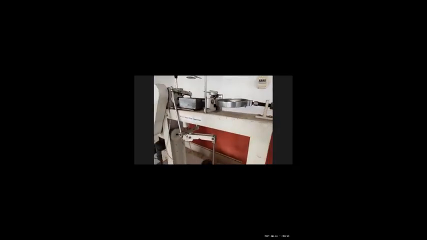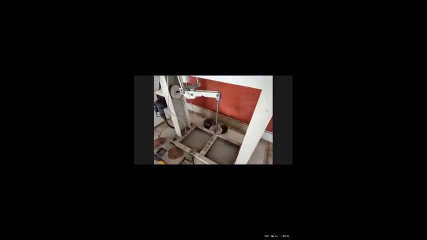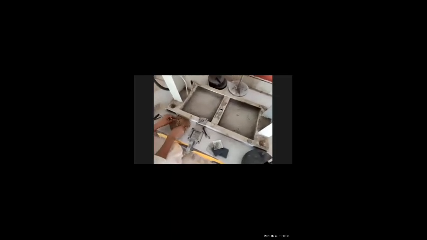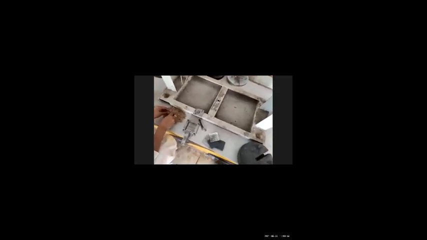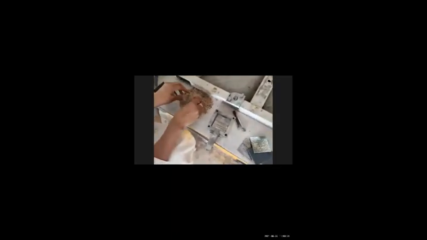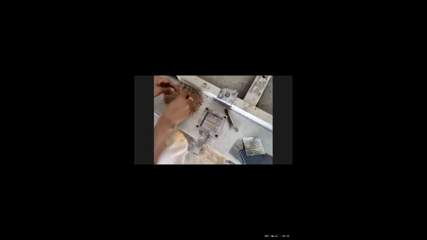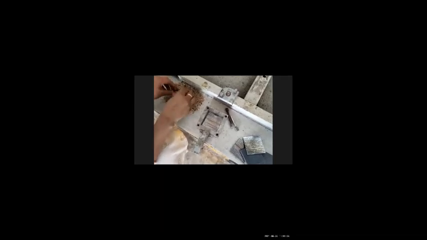So, how do we start the test? First of all, we have to weigh this soil sample. We can use cohesionless, that is sandy soil, and also we can use cohesive soil. Today the test is performed with cohesionless soil, that is sandy soil.